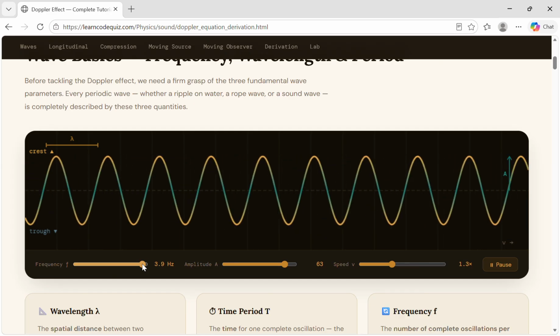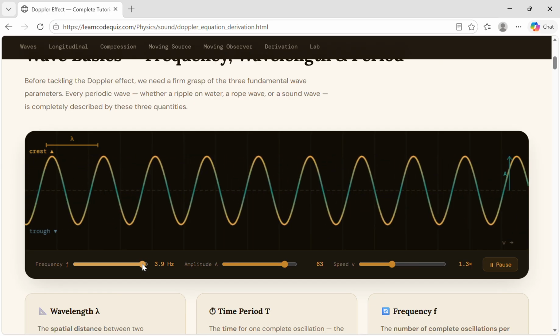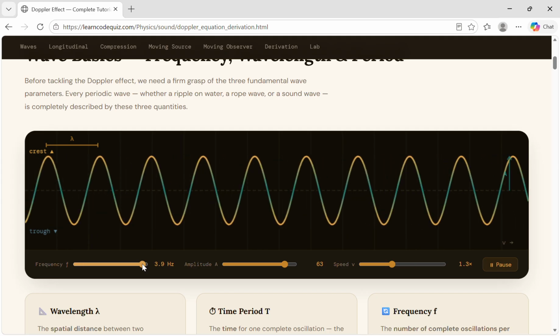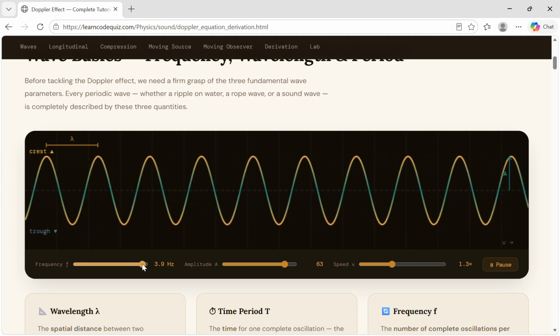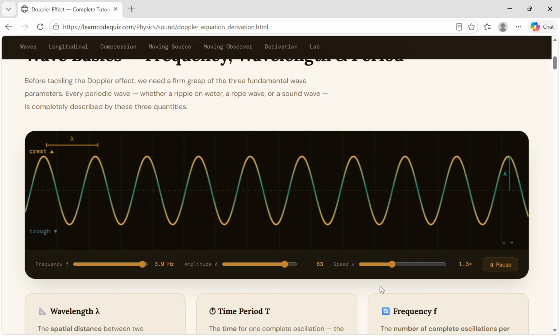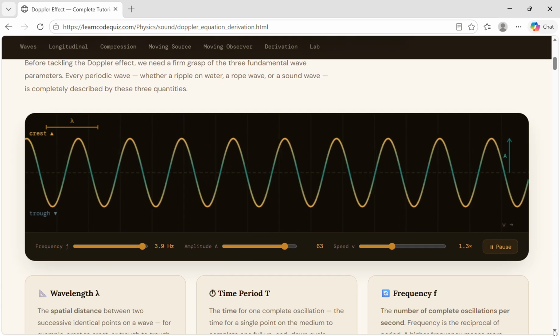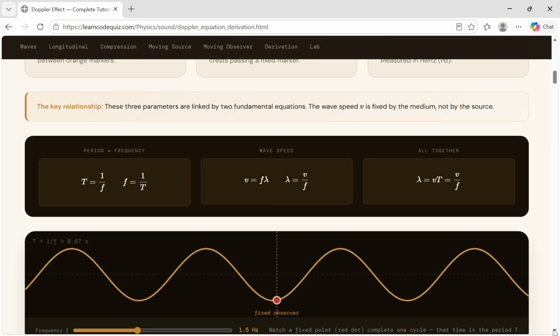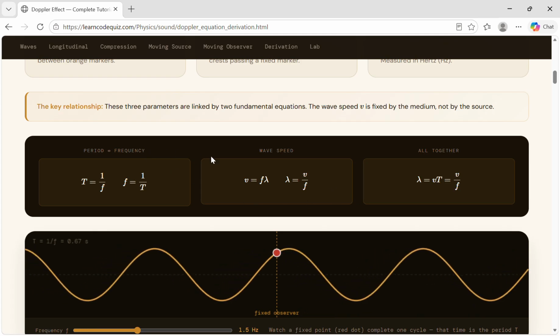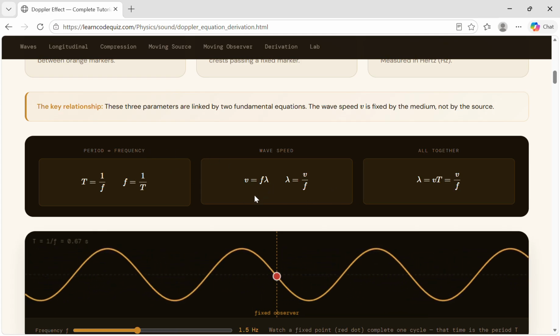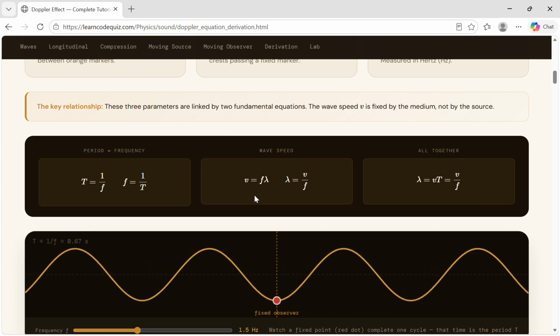Because the speed did not change, the wavelength changed and the frequency changed. So speed, wavelength, and frequency are all connected, right? And how are they connected? V is equal to lambda f. This is something you should always remember.